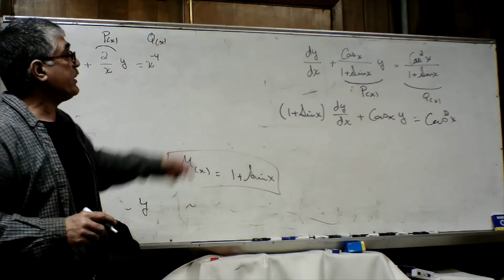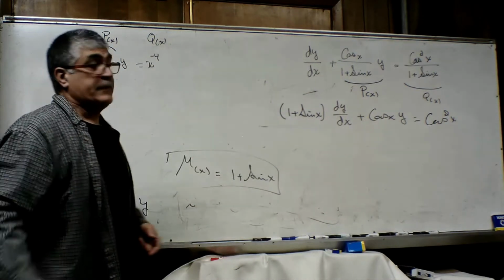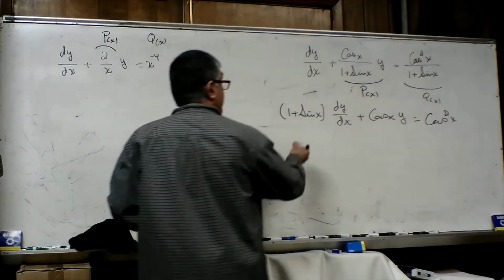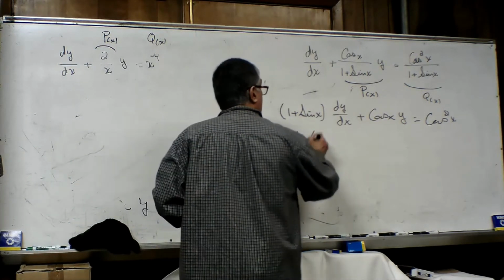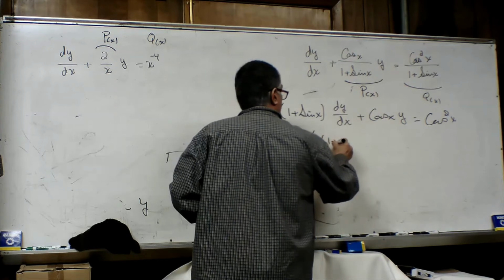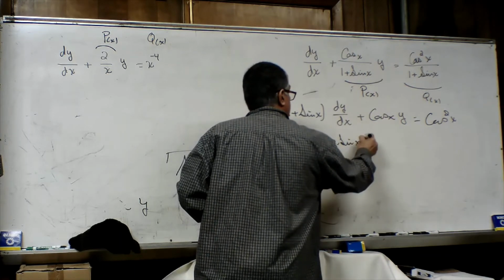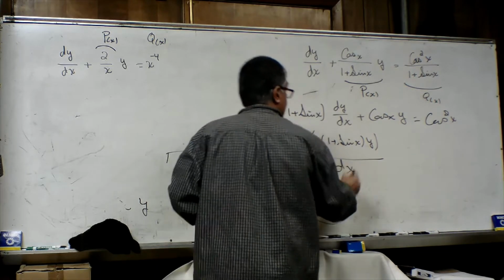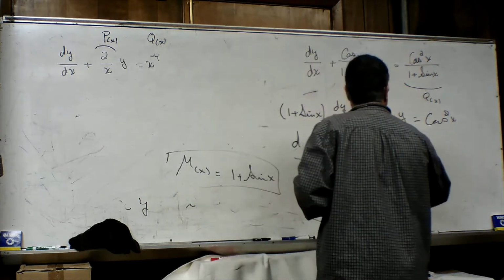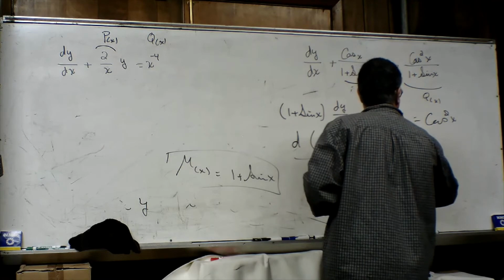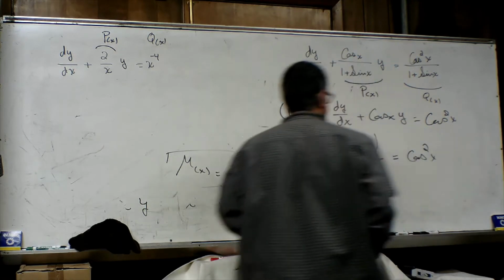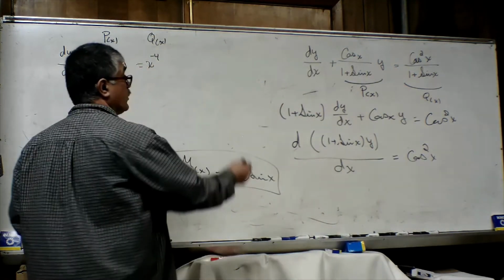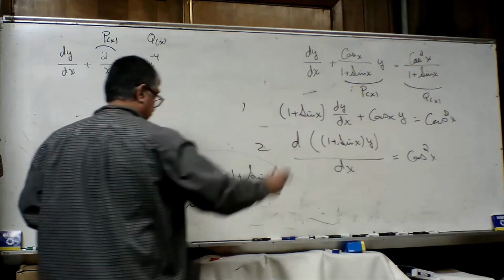So that's our first step. The second step is to rewrite it in this form: d of (1 plus sine x) y over dx equal to cosine squared x.